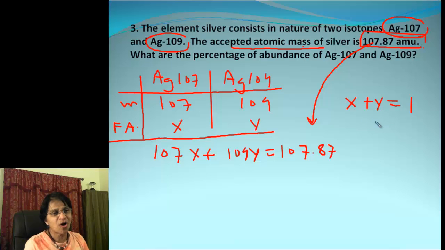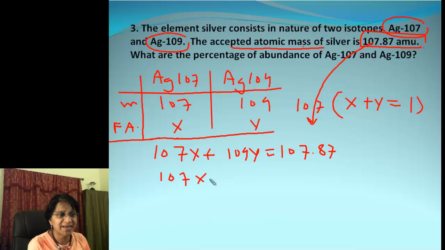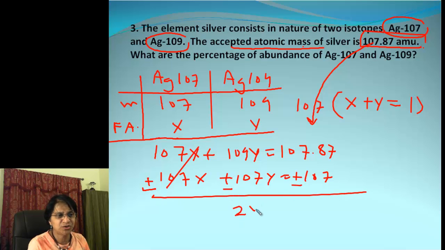Now in order to solve the equations, we can multiply this equation by 107. If we do that, we get 107x plus 107y equals 107. And now we subtract the second equation from the first one. So that's gone. And over here we get 2y is equal to 0.87.